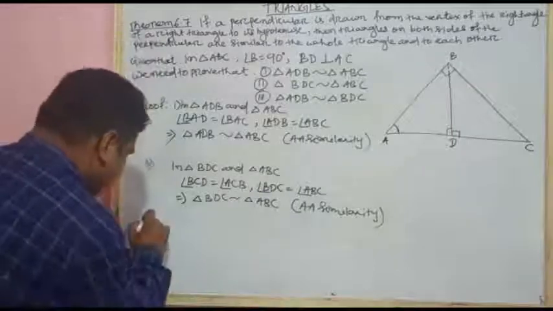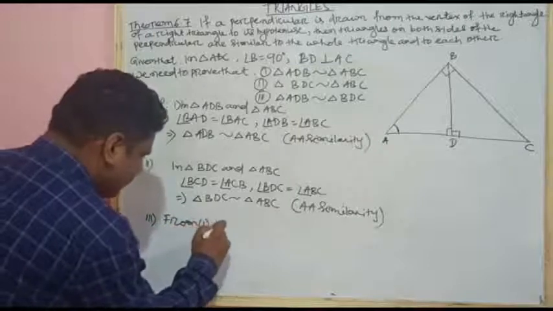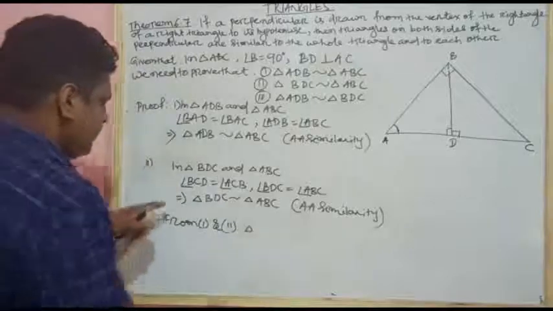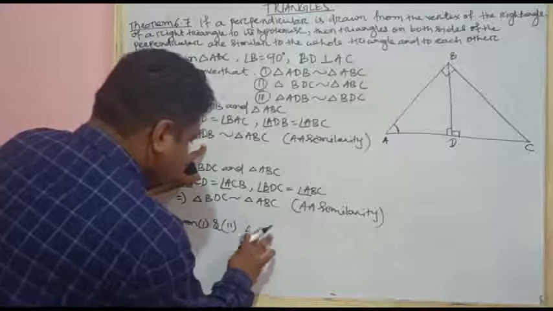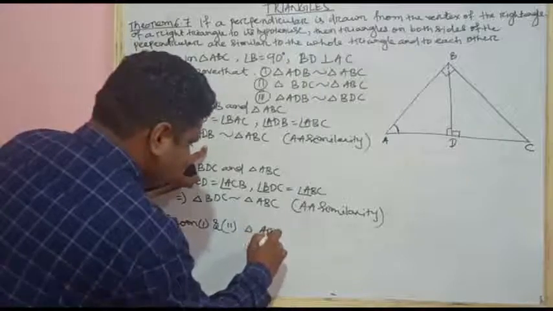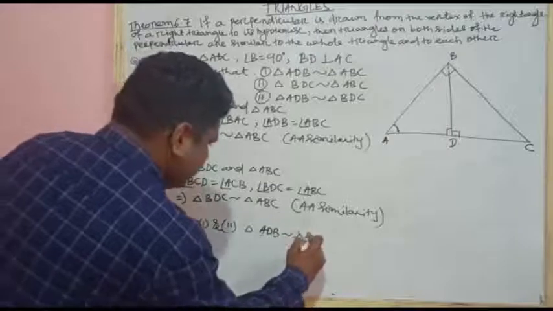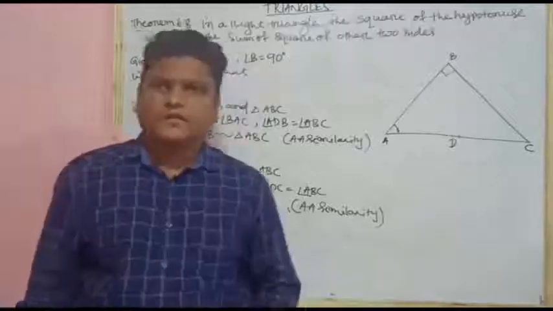So for the third, from 1 and 2, we can write triangle ADB is similar to triangle BDC. It is proved now.